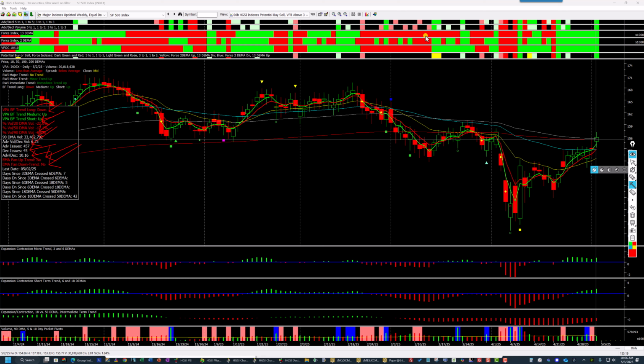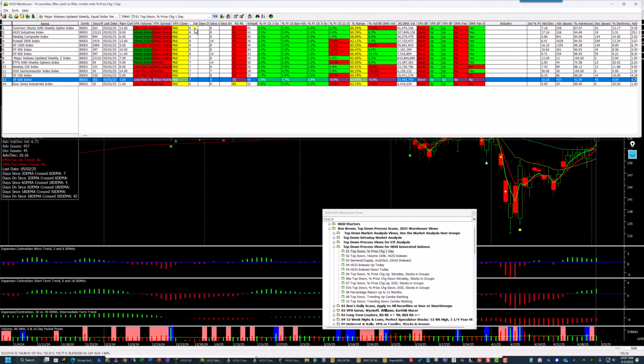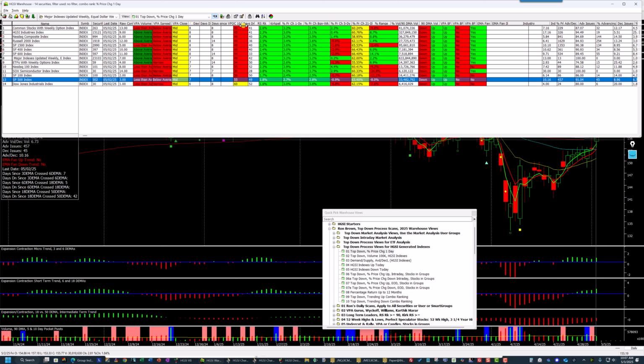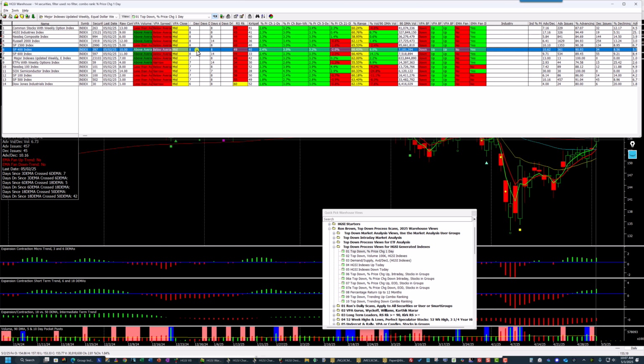Now what I take away from this is that we can use these indexes and the days since a crossover as signals, and you can see these have all crossed over several days ago, and whether we see them on days positive or days negative to the downside, and everything's positive now, of course, then we can go top down and look for stocks within these indexes that are crossing over either up or down on the same day.